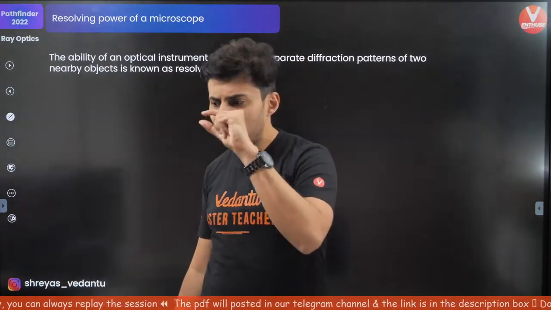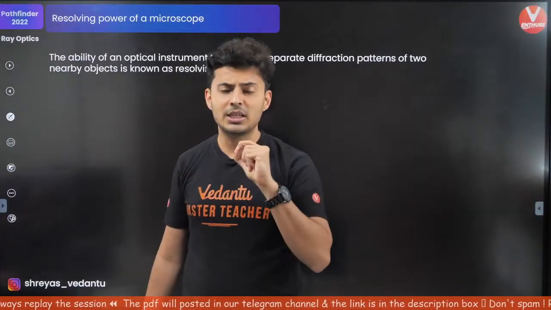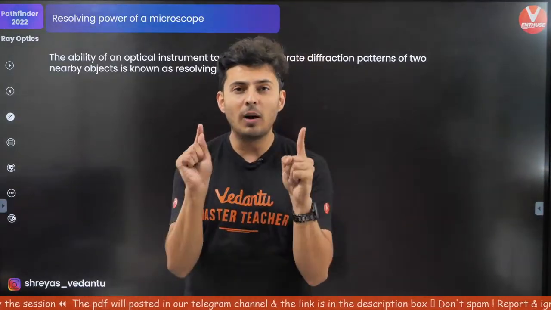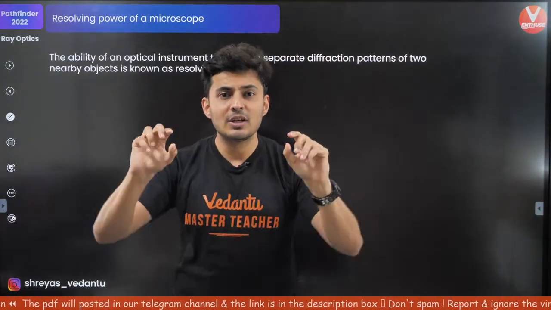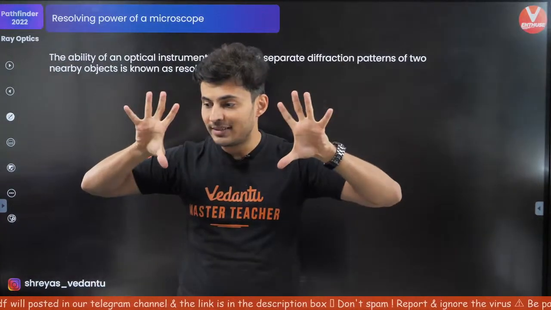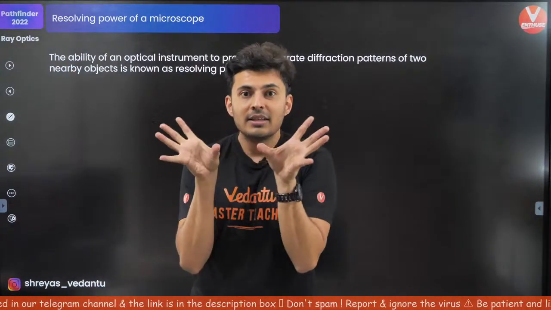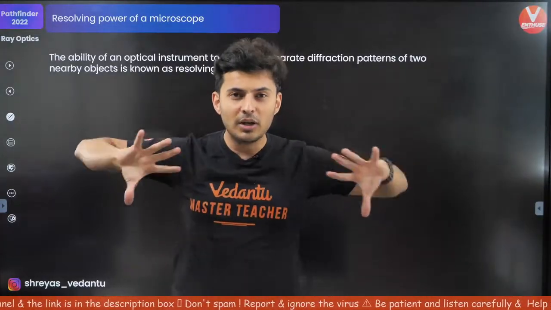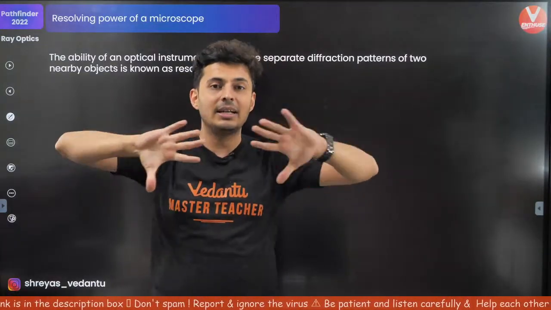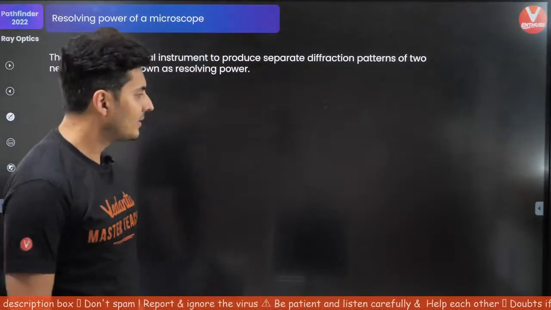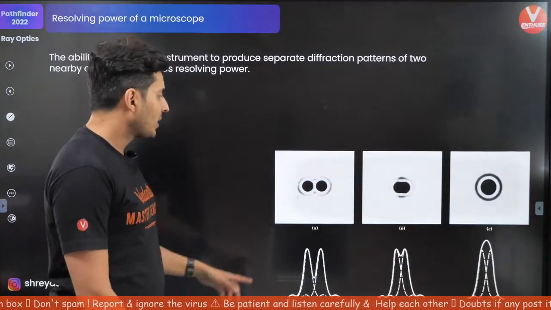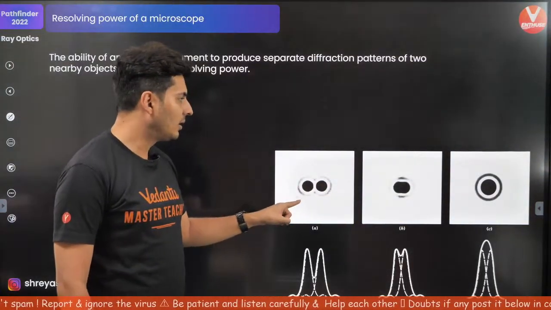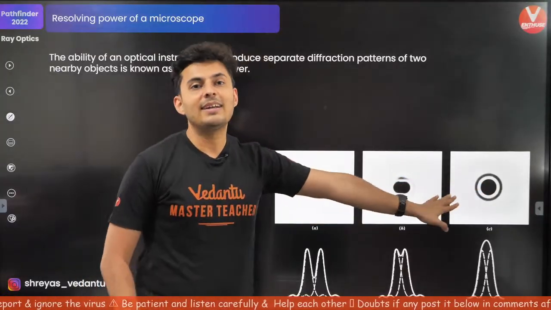So a point object will give you an airy disc image, and that's the reason why if you have two point objects, you will get two airy discs. If you get two discs, then the images can be blurred, they can appear to be merged. You want to see those discs separately, they should not touch each other. That's the meaning of it. This is completely resolved. This is definitely not resolved.